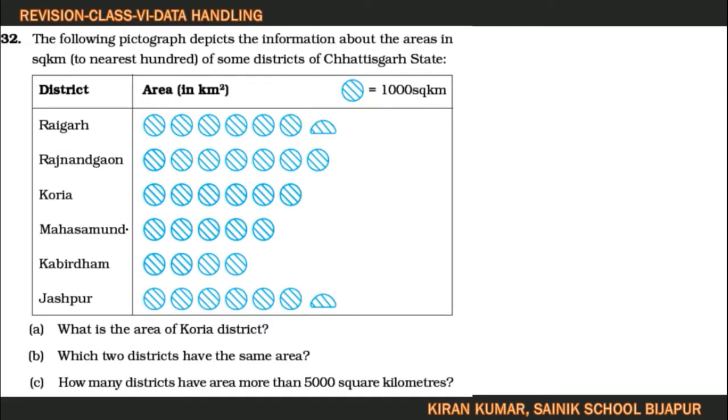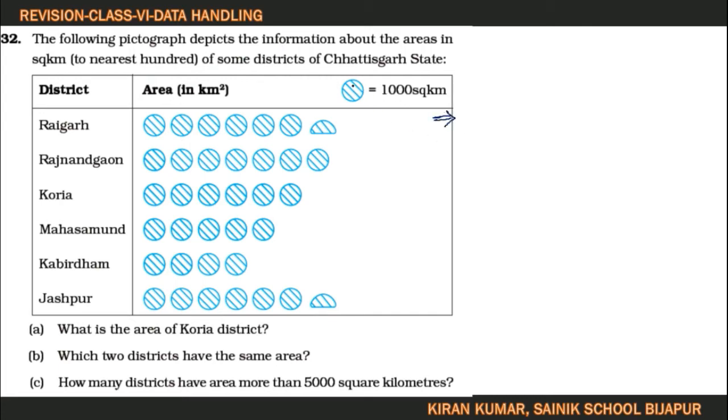Question 32. The following pictograph depicts the information about the areas in square meter nearest to the 100 of some districts of Chhattisgarh. The districts and the areas are mentioned using pictograph. Here let me find out each one of them.